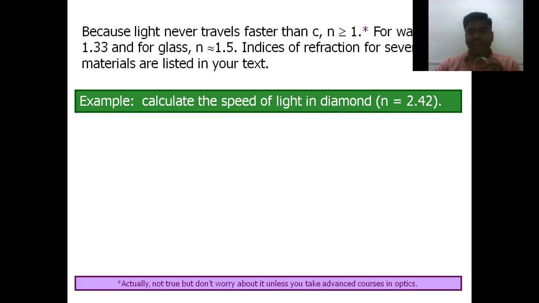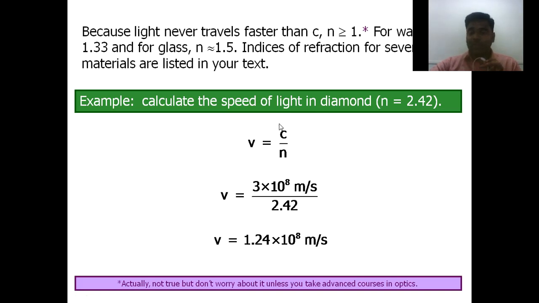These are constant values. From this we want to calculate the speed of light in diamond: v = c / n. We know the value of c, and the refractive index of diamond is given as n = 2.42. By substituting into c / n, we can find the speed of light in diamond. That's one example.